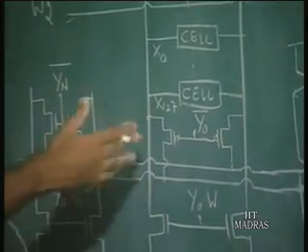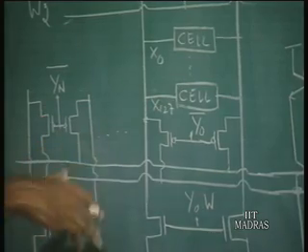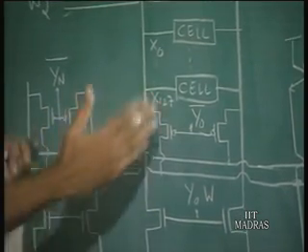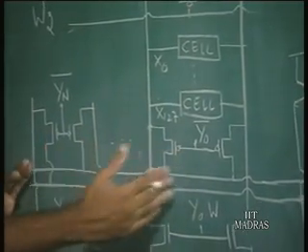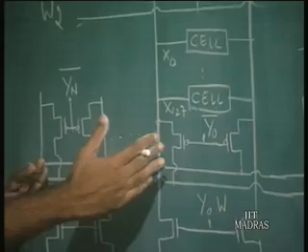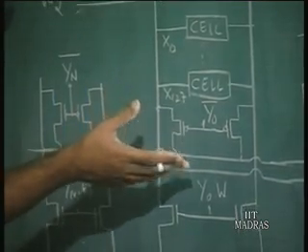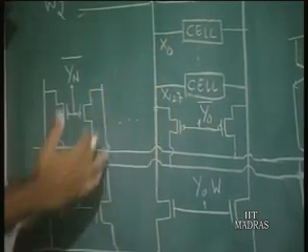Now, to select one of the 2 to the power 11 columns, you have another 2 decoders, not one decoder but 2 decoders. These 2 to the power 11 columns are divided into groups, each group consisting of 16 columns, that is 2 to the power 4 columns.